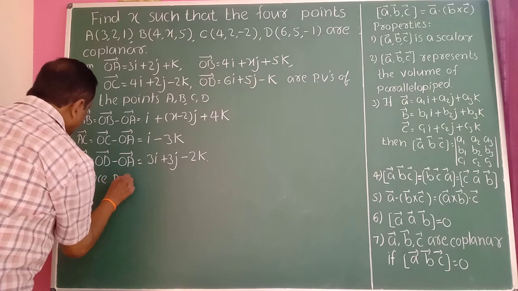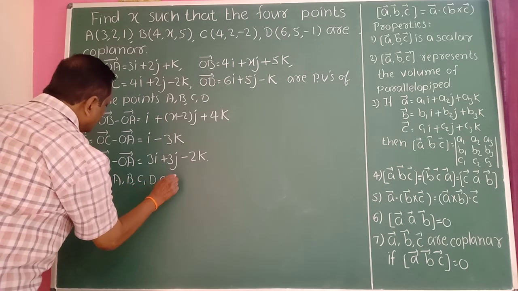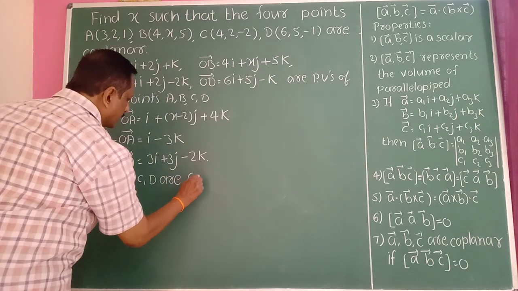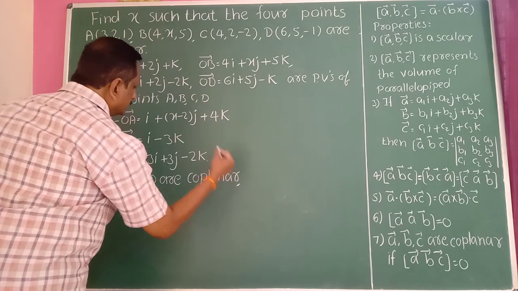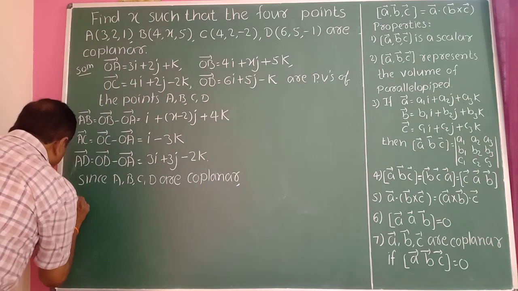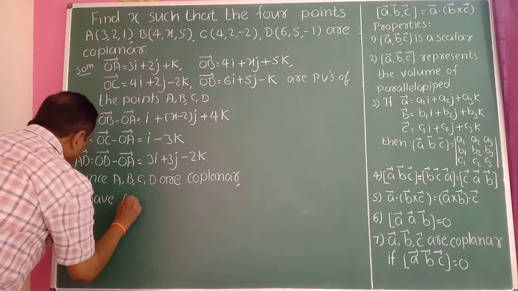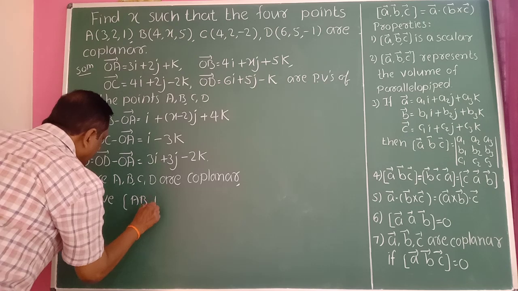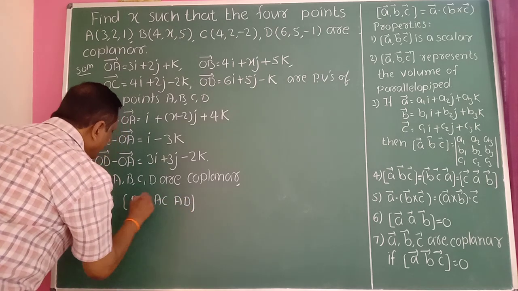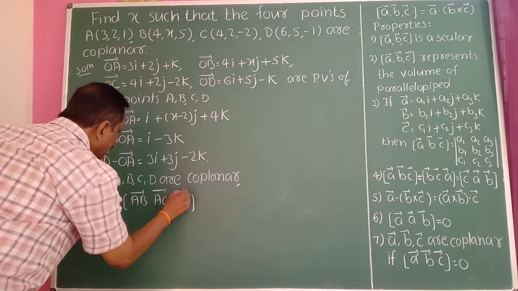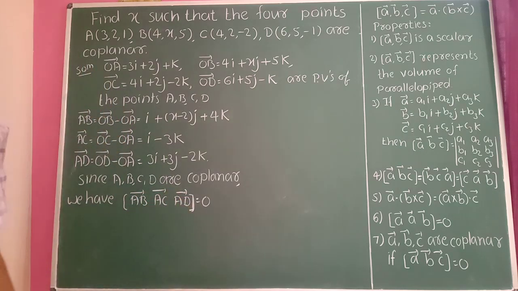Here they gave that the points A, B, C, D are coplanar. Therefore, we have the scalar triple product of AB, AC and AD equal to 0.